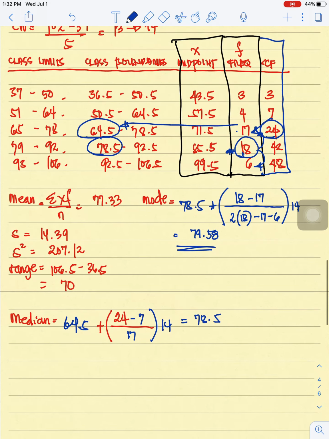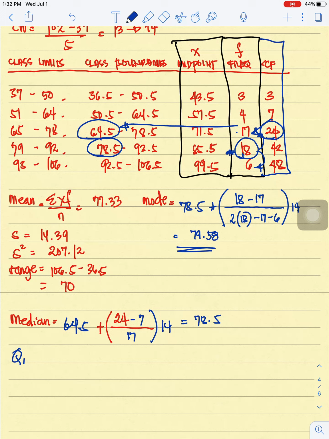So our median is 78.5. Let's try the first quartile. For the first quartile, we have n over 4. So 48 divided by 4 is 12. Where is 12? 12 is in between 7 and 24.